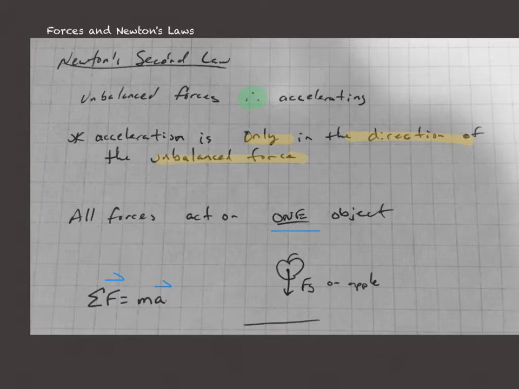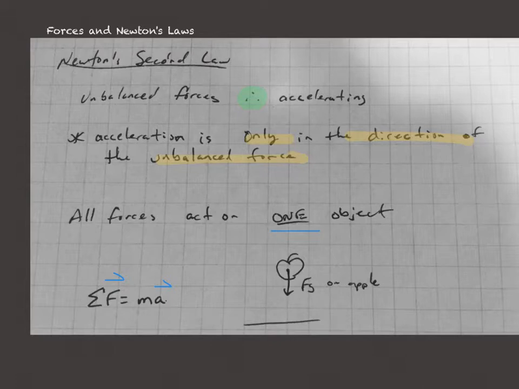As with the first law, all forces have to act on only one object. Okay? So again, looking at the apple, if we remove the table from underneath it, there will only be one force acting on the apple, force of gravity down on the apple. It's going to accelerate because it's unbalanced.